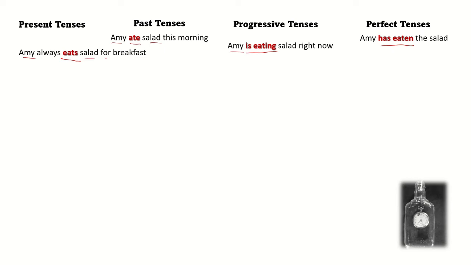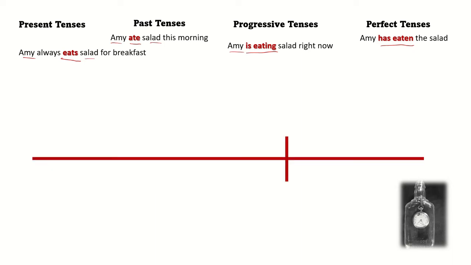In this case, the adverb indicates the time of the event, when the event happened. In present tenses, oh, wait a minute. Let me show you my favorite media to explain this. This is our timeline.